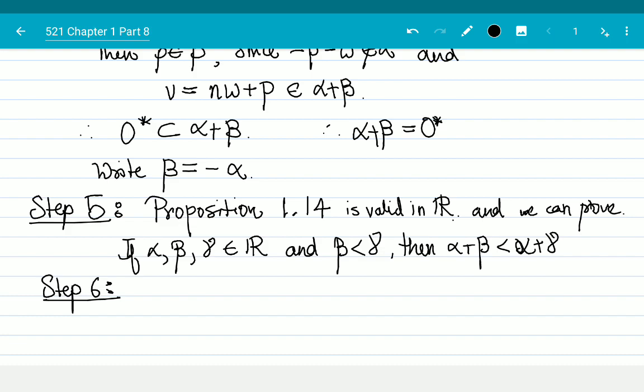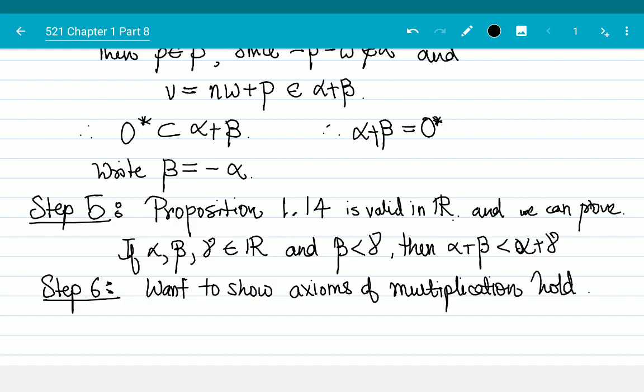Now we want to show that the multiplicative axioms hold. Axioms of multiplication hold.